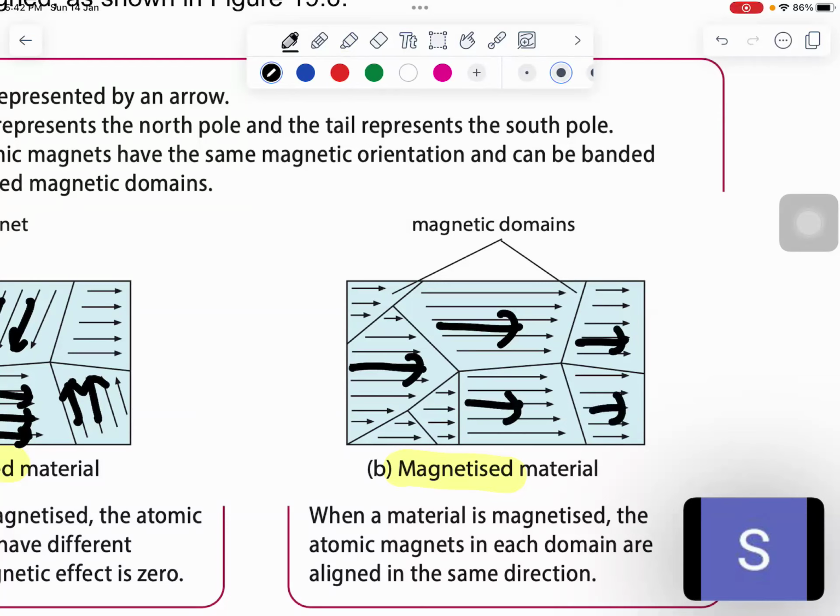As you can see, there are these lines here. These are actually different domains. So each of them is its own magnetic domain. The lines in pink are called a domain wall, which separates the different magnetic domains.